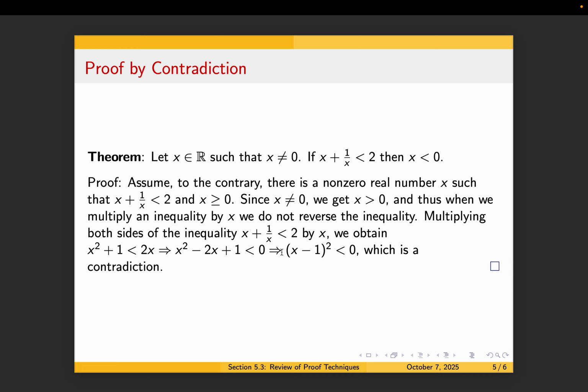No, we just eventually reached a place, reductio ad absurdum style, where we got something that just can't be true. So we assumed to the contrary not this, and as a consequence, we ended up learning that something squared was negative. Bad, can't do that. So here's a proof by contradiction of that same theorem. Okay, so just another example in the bank.